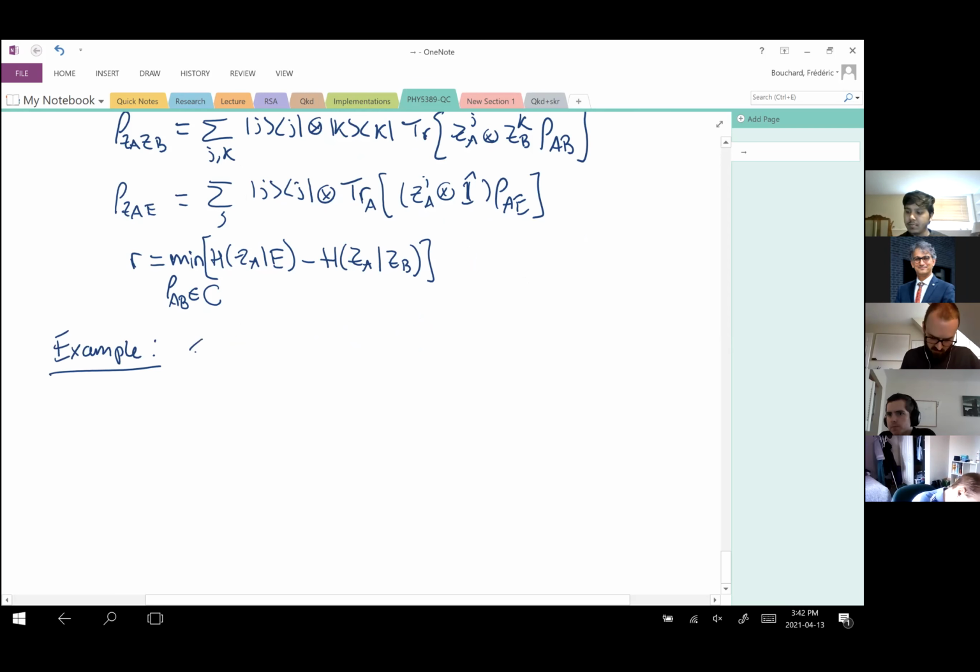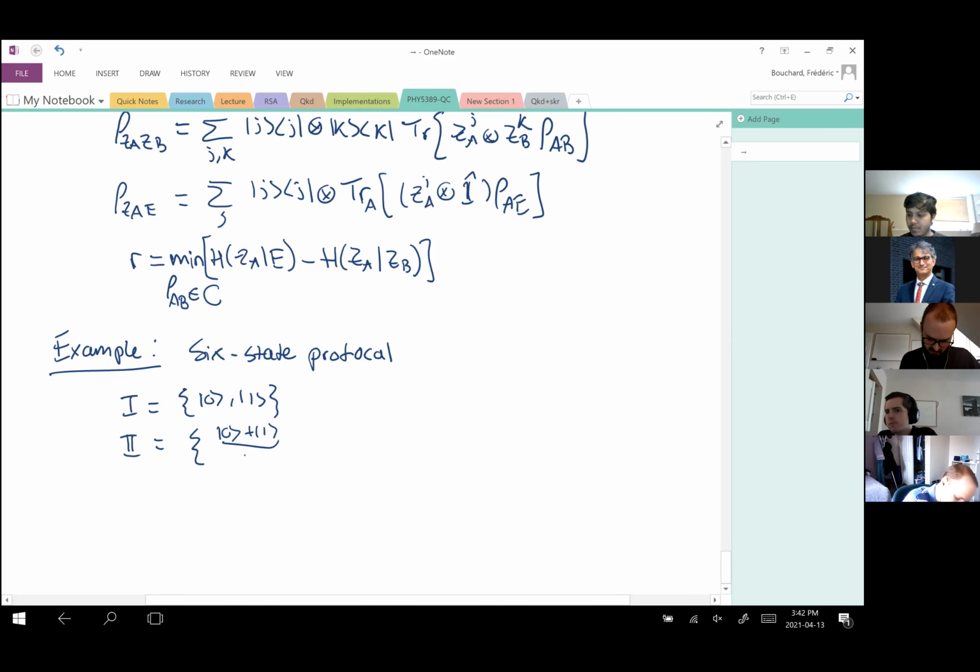We'll do the secret key rate for a 6-state protocol. The 6-state protocol is really just a generalization of BB84, where you have a first basis, which is 0, 1, a second basis, which is 0 plus 1, 0 minus 1, and now you have a third one.